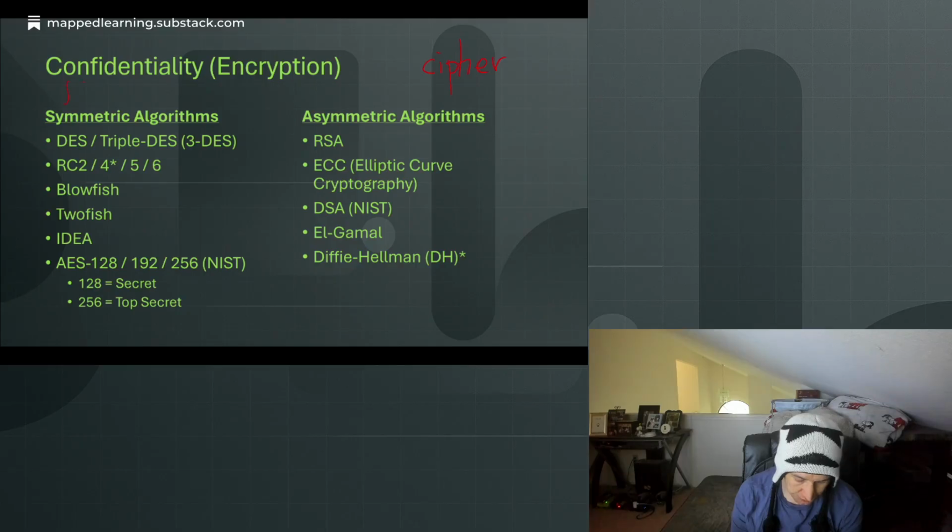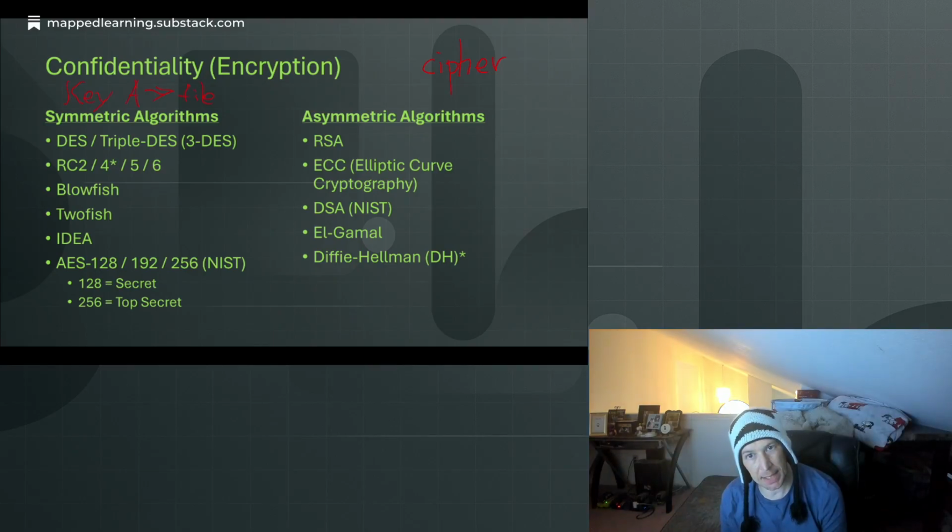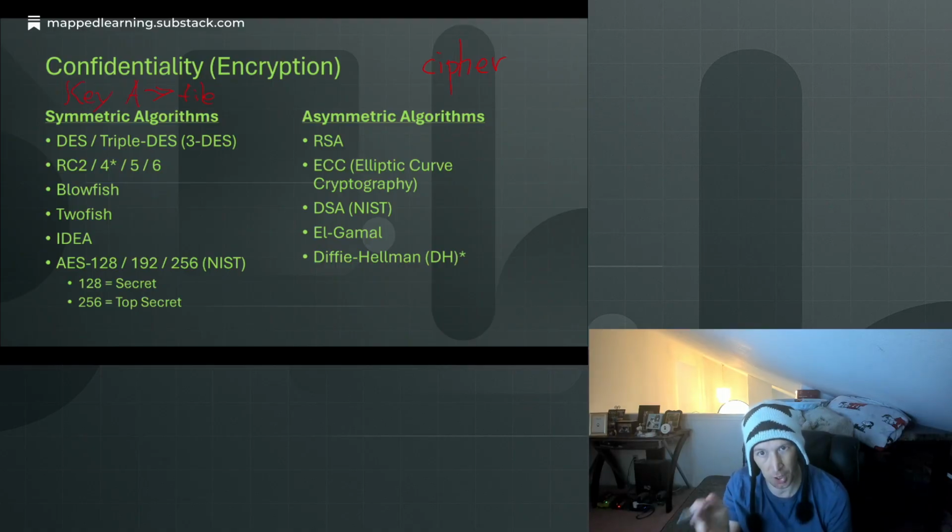So if I use key A to encrypt a file, that same key will decrypt it. Just like with the combination lock on the safe, I use one combination to lock it and one combination to open it.